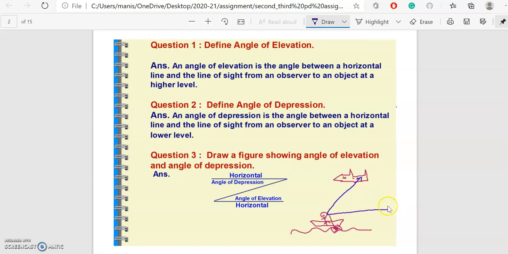So do you see an angle is formed? The angle which is formed is called the angle of elevation. So an angle of elevation is the angle between a horizontal line and the line of sight from an observer. This man is an observer, and the plane is an object at a higher level.